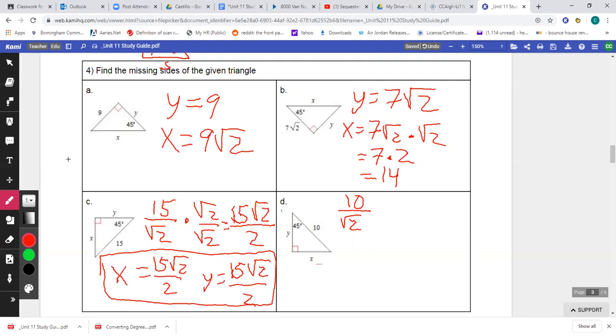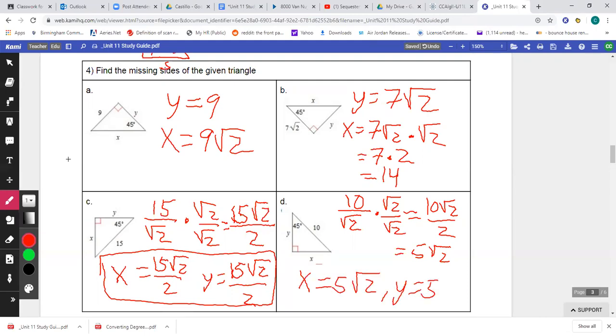Now I'm going to multiply the top and bottom by radical 2, because I don't want a radical on the bottom. And so this is just 10 radical 2 over 2. And I could simplify that, right? That's equal to 5 radical 2, since 10 divided by 2 is 5. So x is 5 radical 2. Y is 5 radical 2.